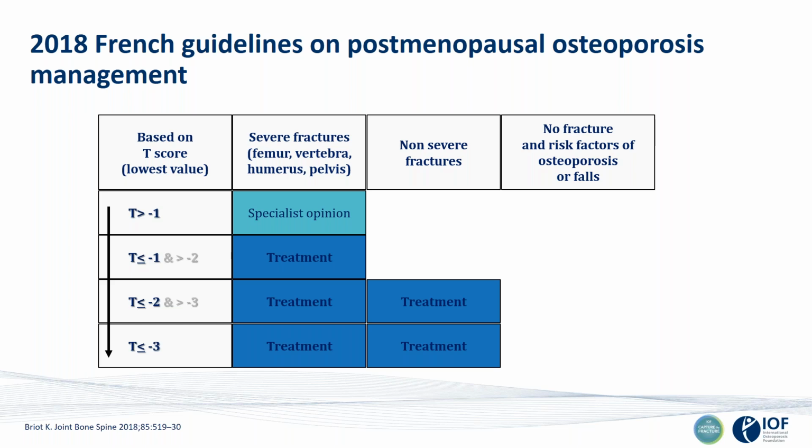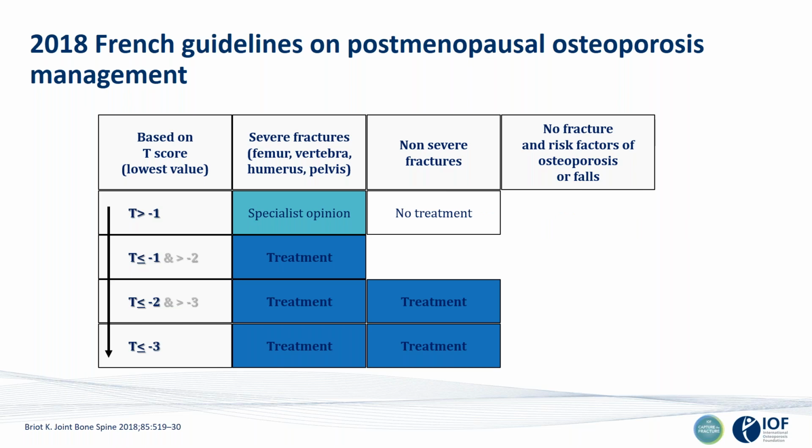If it is a non-severe fracture, like wrist, for example, then the threshold of the BMD that will lead to treatment is more stringent, and we recommend to treat patients with a T-score below -2.